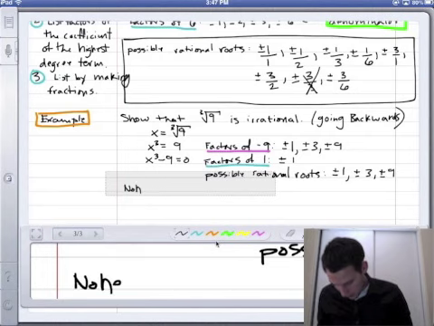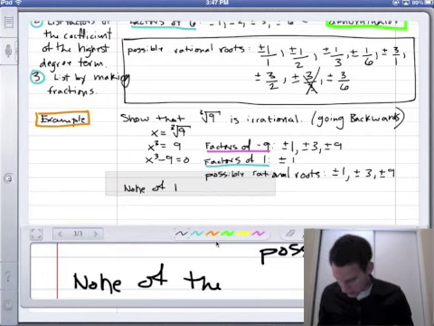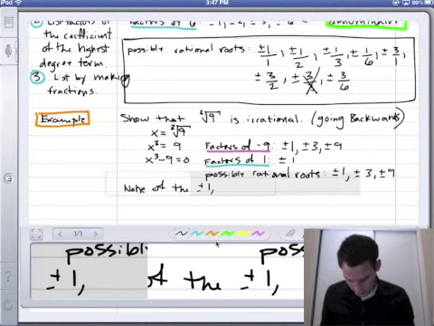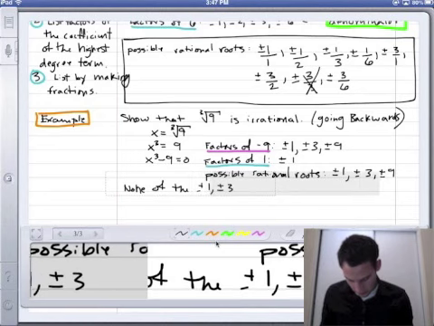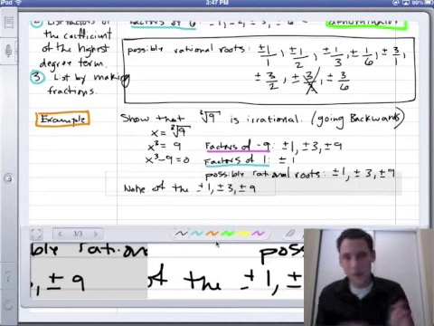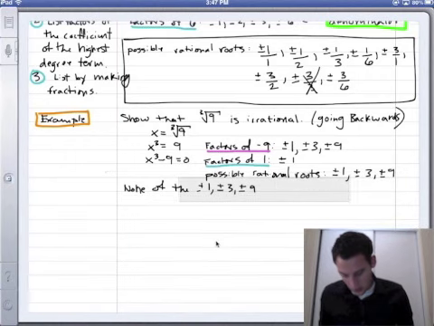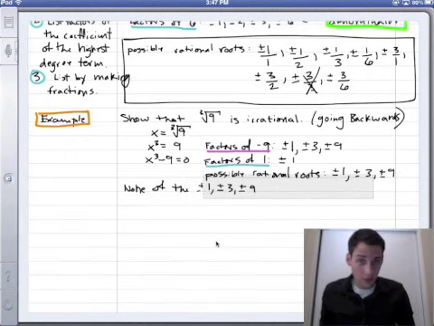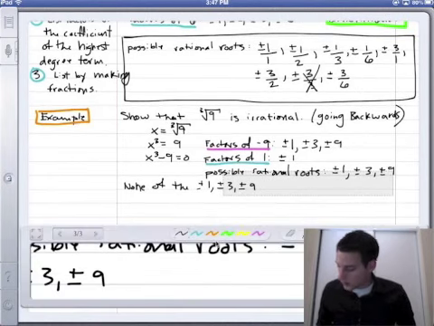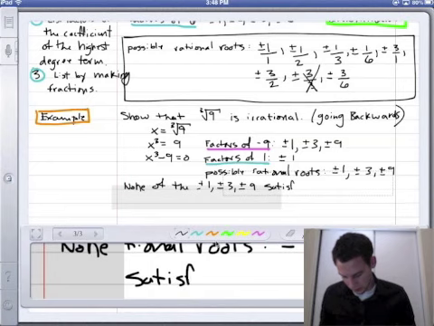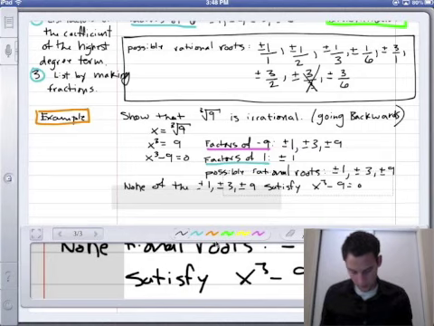None of the plus or minus 1, plus or minus 3, plus or minus 9. And then we'd also have to plug in the negative values. We didn't do that, but it still won't work out. So none of those possible rational roots worked. None of these satisfy x cubed minus 9 equals 0.